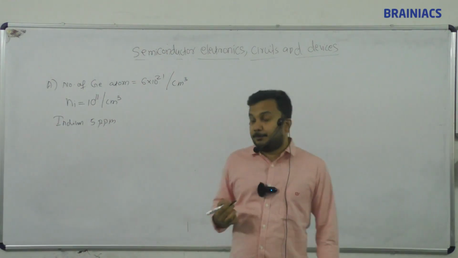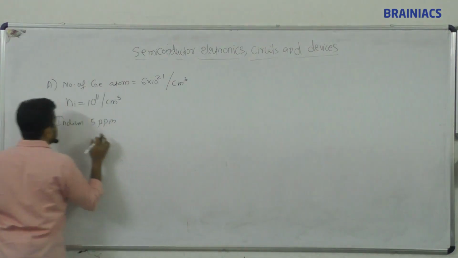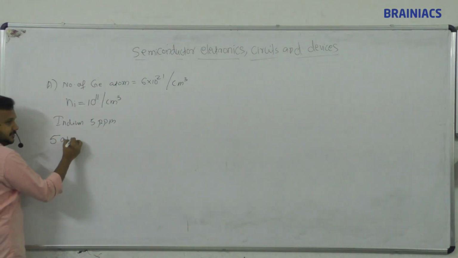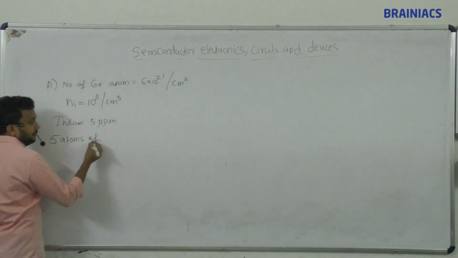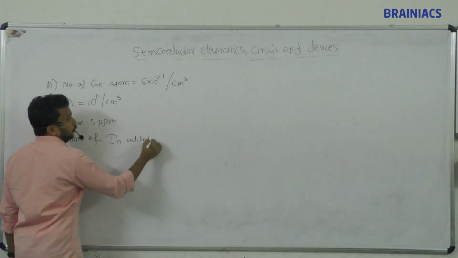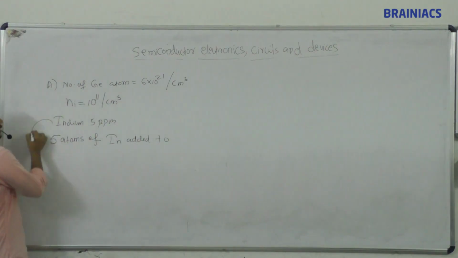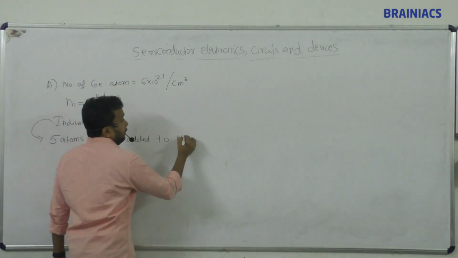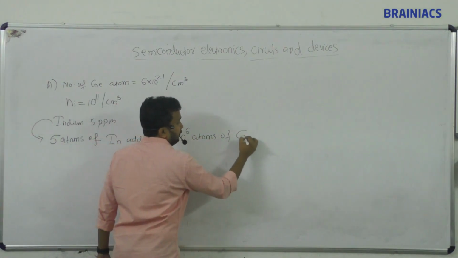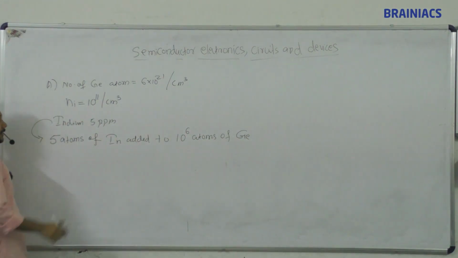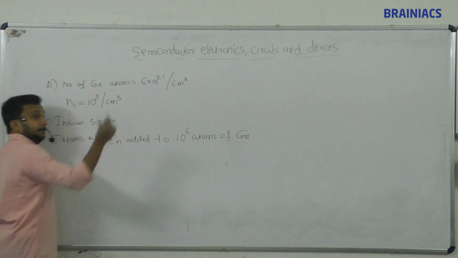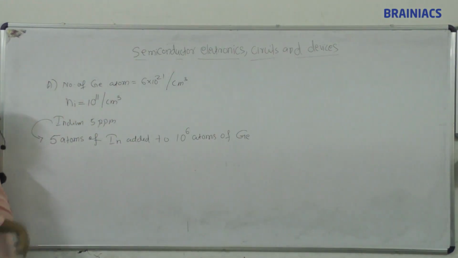Indium 5 parts per million means, listen very carefully, then later you can write: 5 atoms of indium are added to 10 power 6 atoms of germanium.